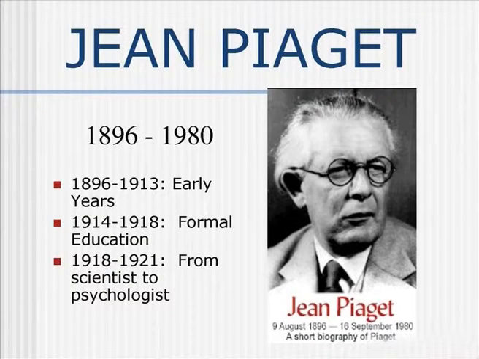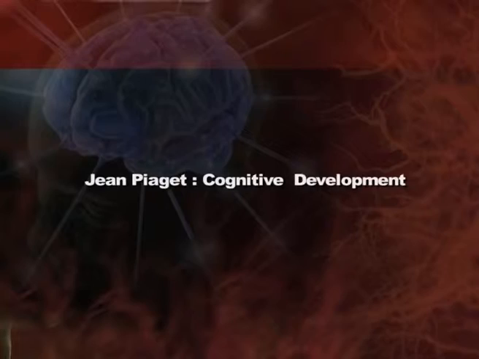Cognitive development is explained by Jean Piaget in his famous theory of cognitive development. According to him, there are two processes, that is organization and adaptation, continuously taking place in an individual.